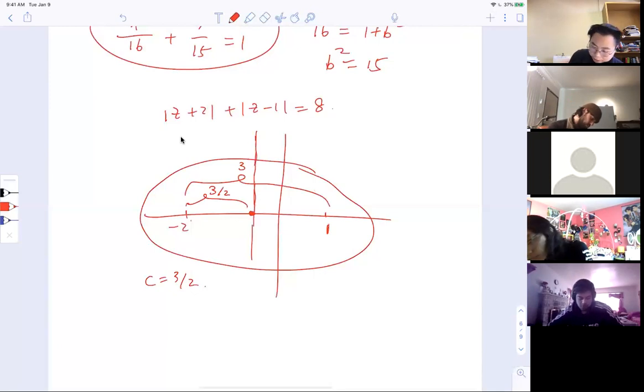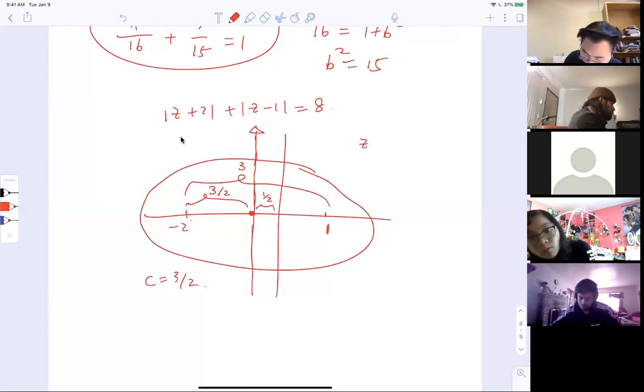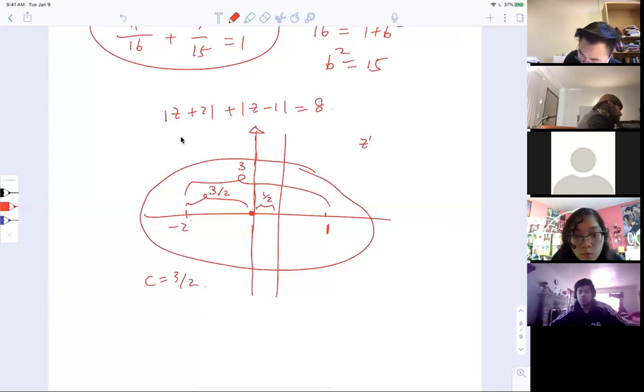You define the y-axis like this. So you define your z, and your new z', as z minus 1/2.